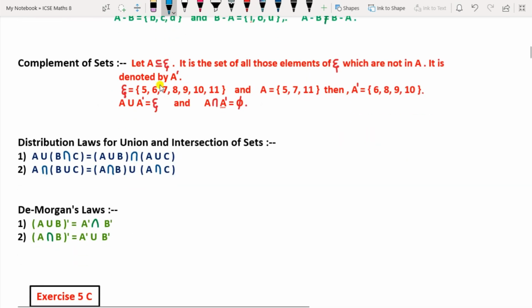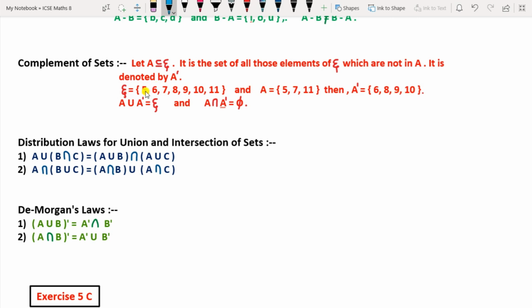Then complement of a set. For any set A which is a subset of the universal set, all those elements of the universal set which are not in A are denoted by A complement, or it is also read as A dash. For example, if the universal set is 5, 6, 7, 8, 9, 10, 11 and the set A is 5, 7, 11, then its complement will be 6, 8, 9, 10.